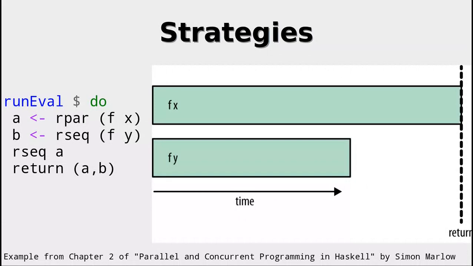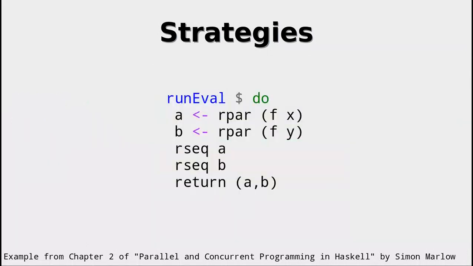You could also build this strategy where you basically declare both as a parallel execution, but then force their sequential evaluation before returning. This can be used in order to make sure that some data is evaluated before it leaves the monad.